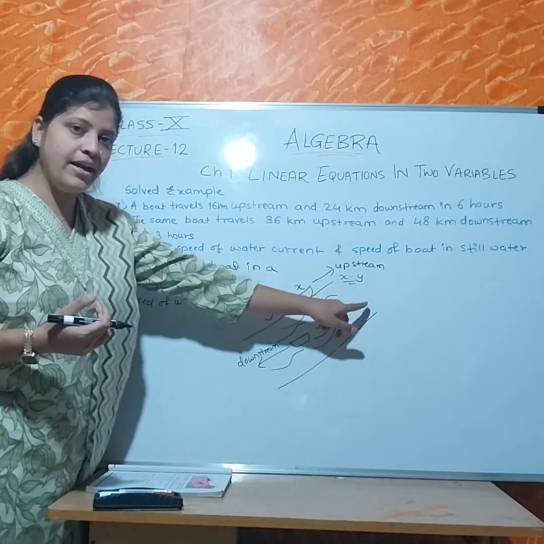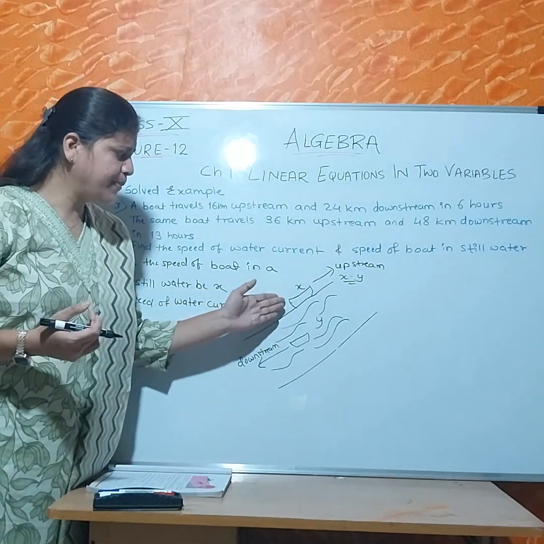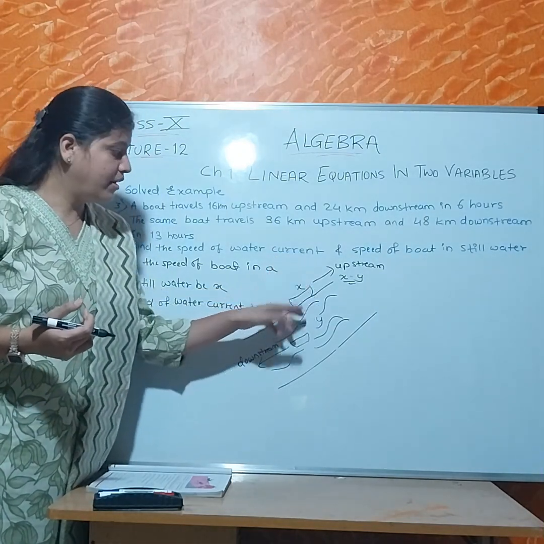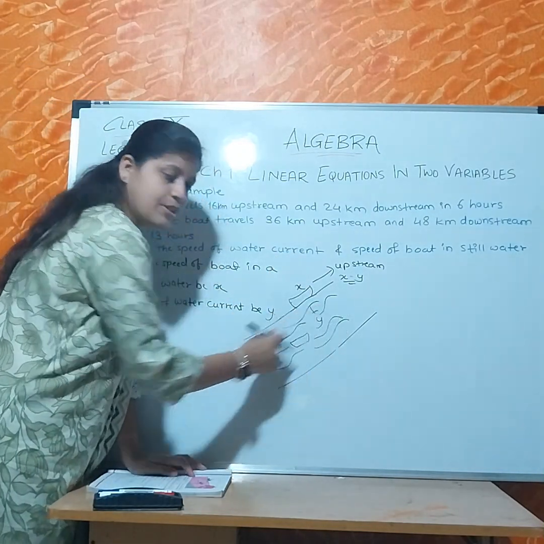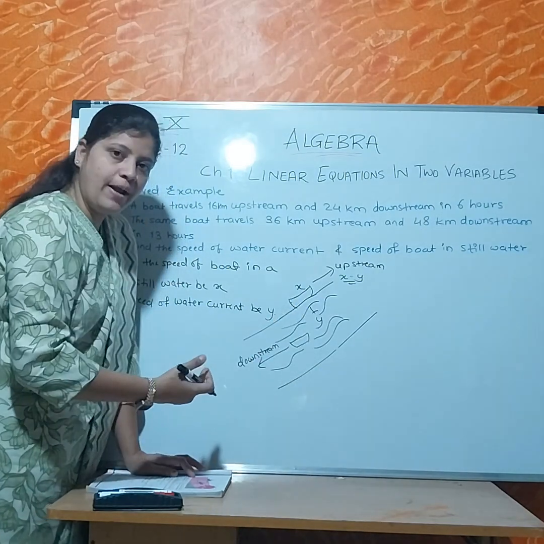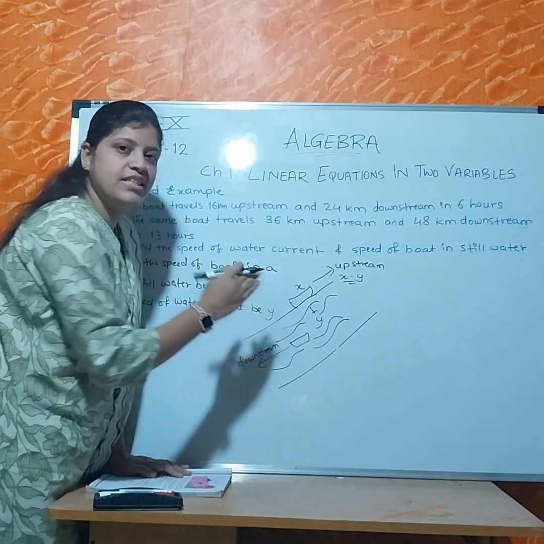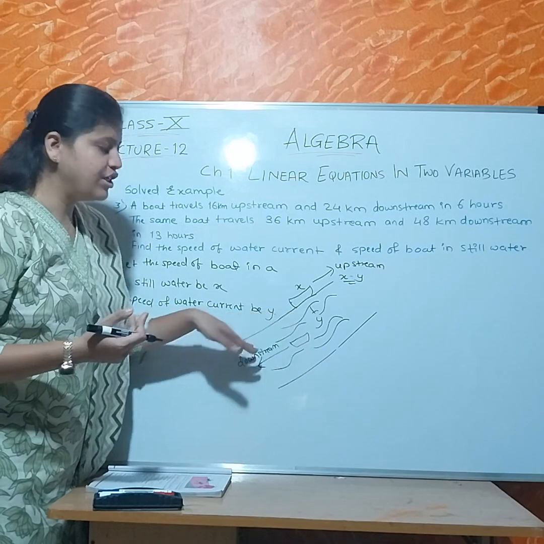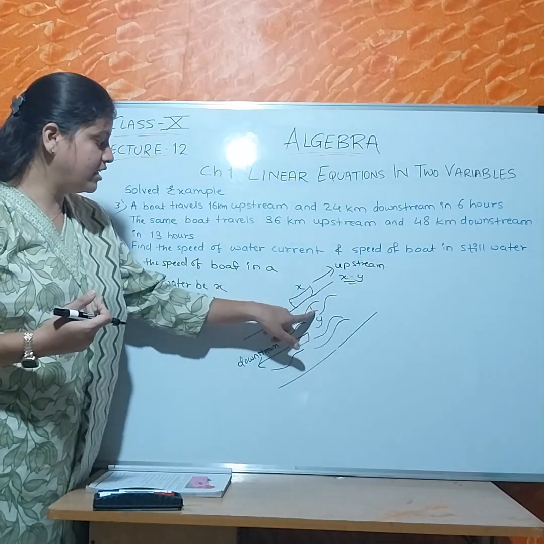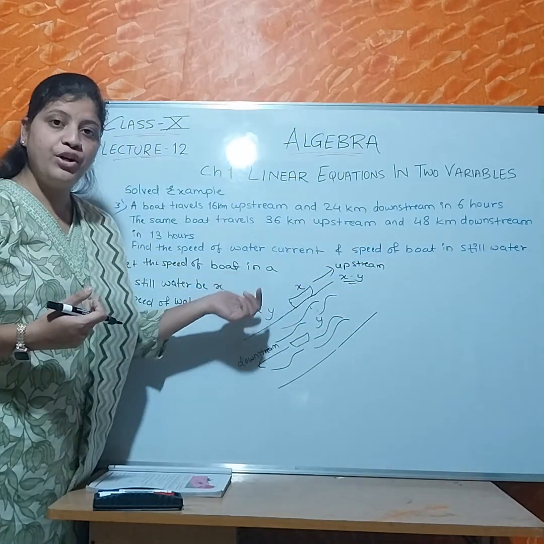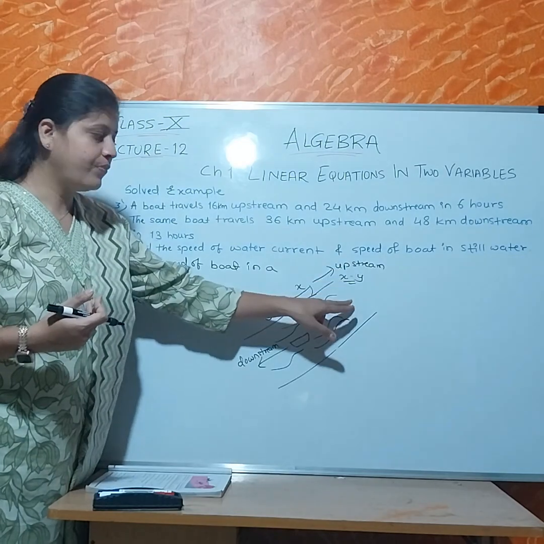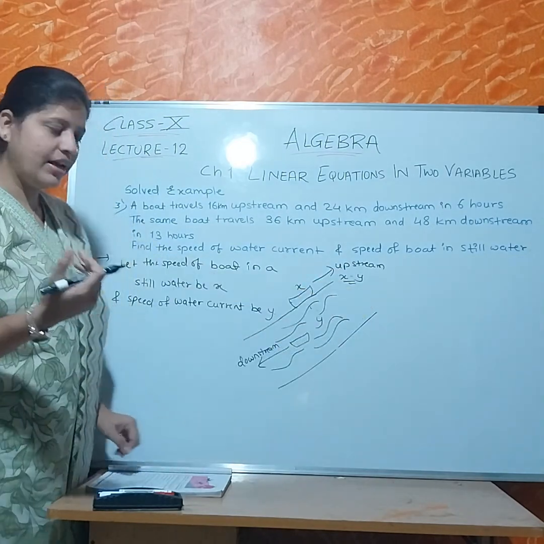Why x minus y? Because see, speed of boat is x, but it is against the speed of y. हे बघा, बोटचं जे स्पीड आहे ते वॉटर करंटच्या ऑपोजिट चाललेलं आहे. So we get the speed of boat during upstream as x minus y, right?